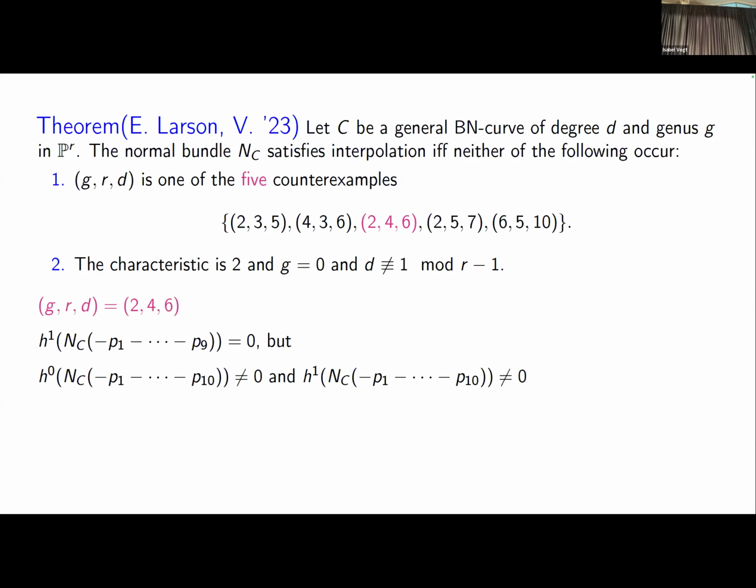And in fact, if you take the normal bundle and you twist it down by 9 general points, it has no H^1. So you have no obstructions to generic smoothness of the evaluation map, and you can prove the optimist conjecture. But if you twist down by 1 more point, by 10 general points, then you have both non-zero H^1 and non-zero H^0. And so it does not satisfy interpolation.